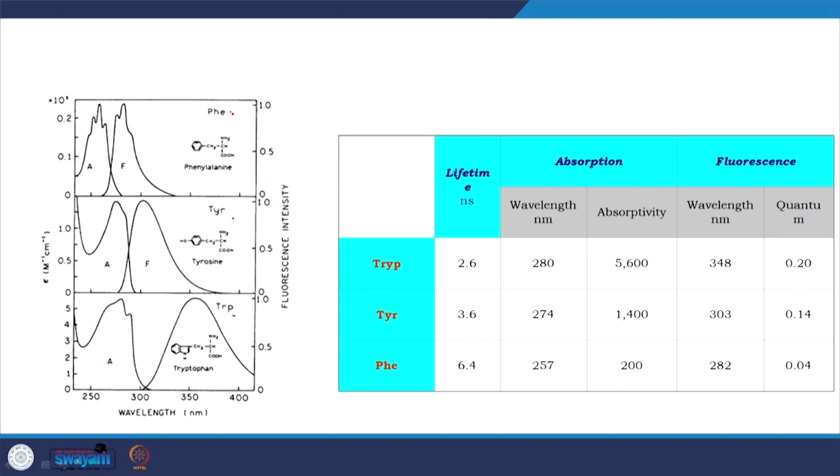Absorption wavelength 280, 274, 257, but absorptivity 5600 for tryptophan, 1400 for tyrosine and 200 for phenylalanine. Also, the quantum yield is 0.2 for tryptophan, 0.14 for tyrosine and only 0.04 for phenylalanine.